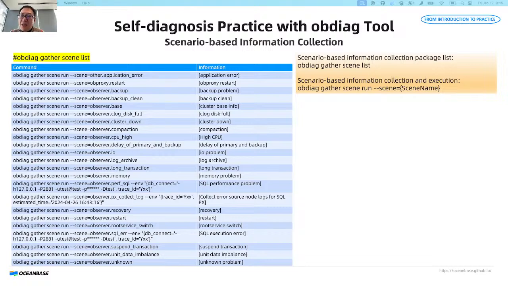Collect scene information and then send it to our OceanBase technicians for analysis. So you can see that if there is a problem with the user's environment, the communication between the user and our technician is very simple and efficient.